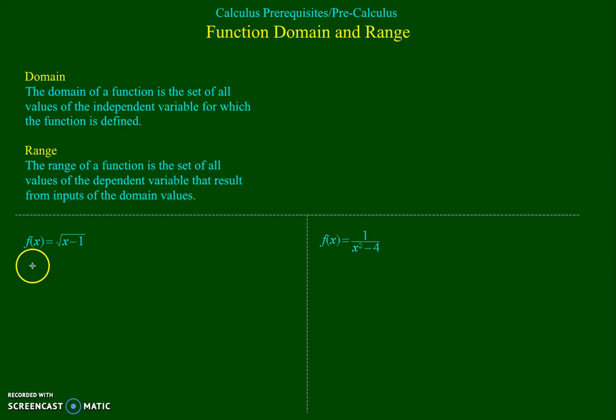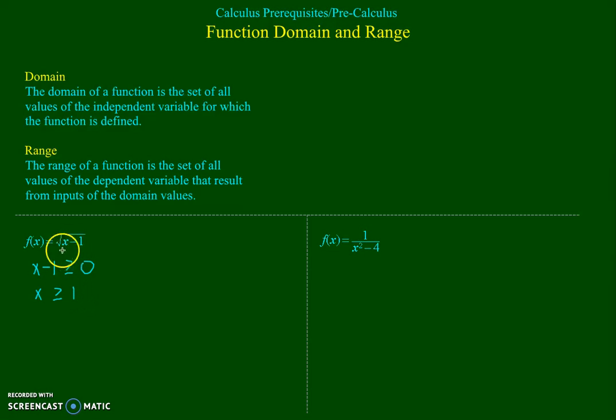So let's do that first. So we want x minus 1 is greater than or equal to 0. Solving this for x is greater than or equal to 1. So the function exists wherever x is greater than or equal to 1.